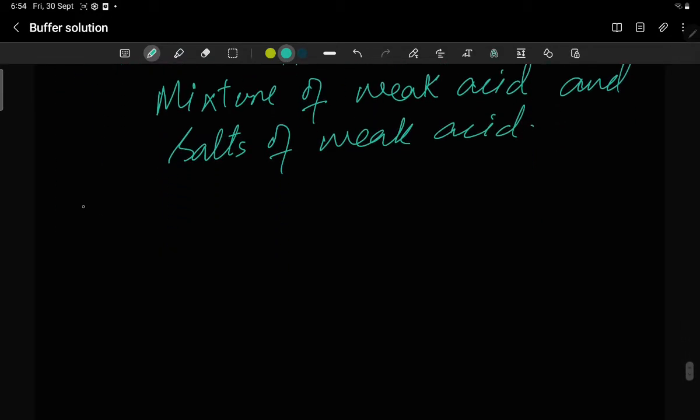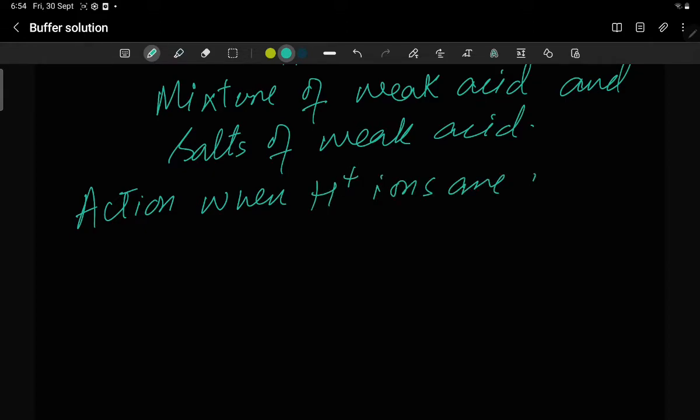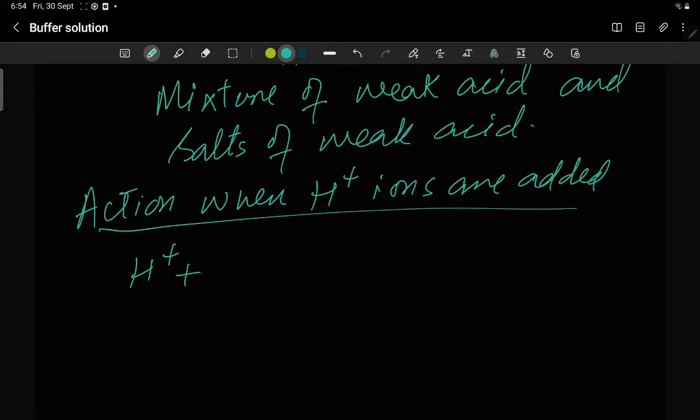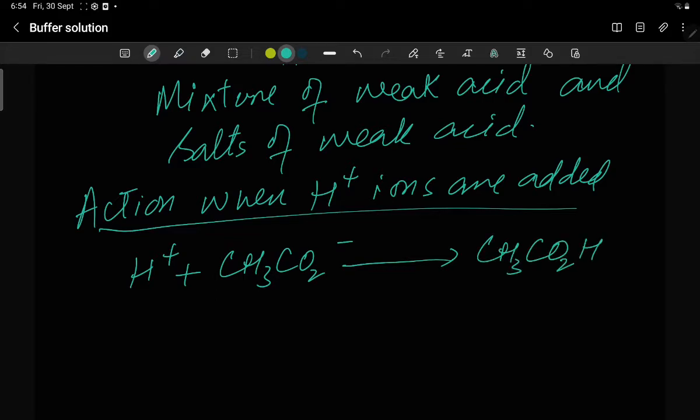This is the action when H positive ions are added: H positive plus CH3CO2 negative to form CH3CO2H.